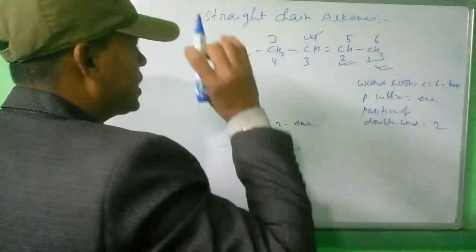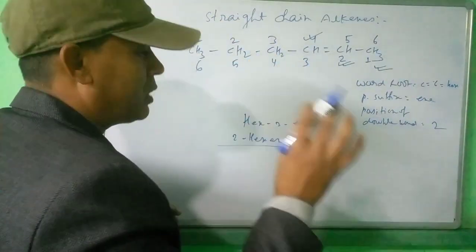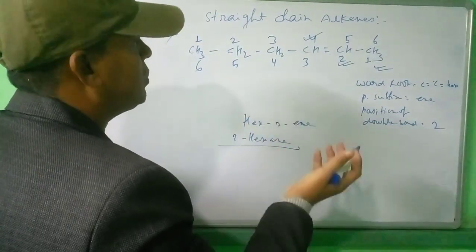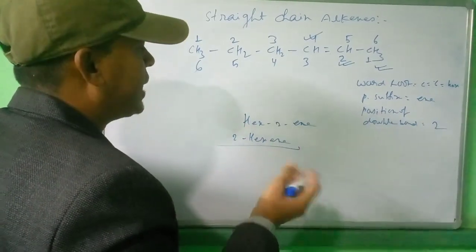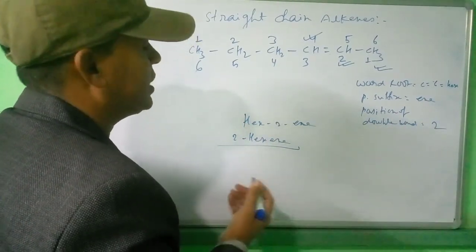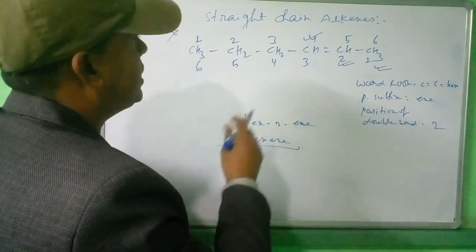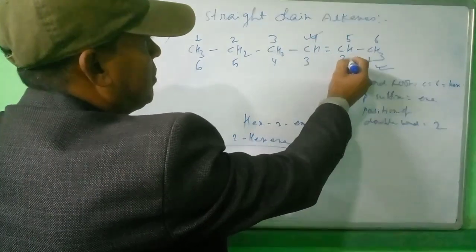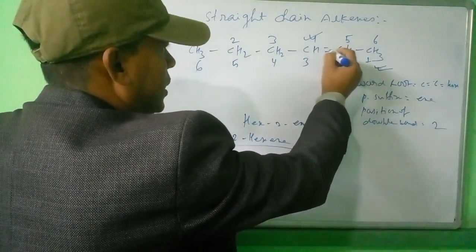Try to give the lowest possible number, not number 1 always. Sometimes 1, sometimes 2, sometimes 3, sometimes 4. That depends on the structure of the compound, the number of carbon atoms present in the compound.